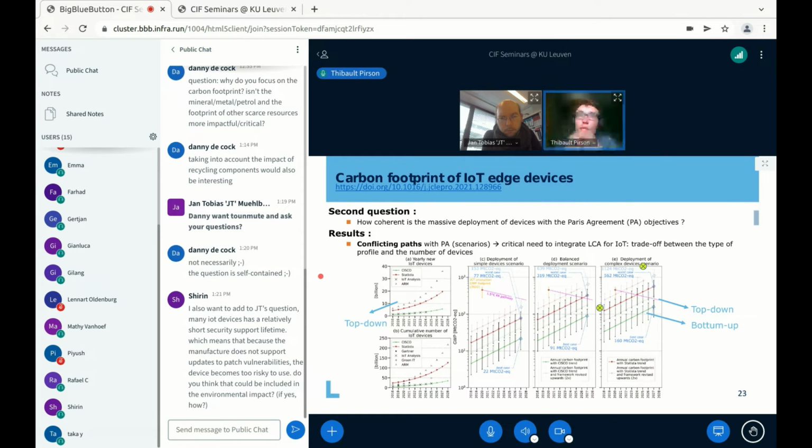Even though we also have the problem that 80% of e-waste is not handled properly, which could raise questions. But anyway, the end of life is usually not a hotspot in the modeling of environmental impacts for electronics.